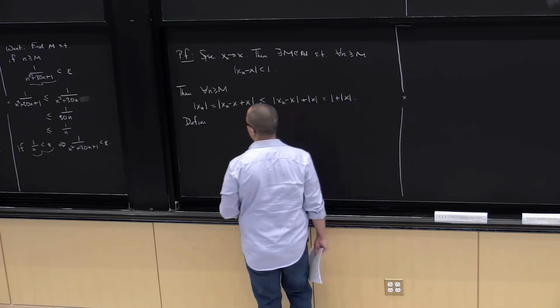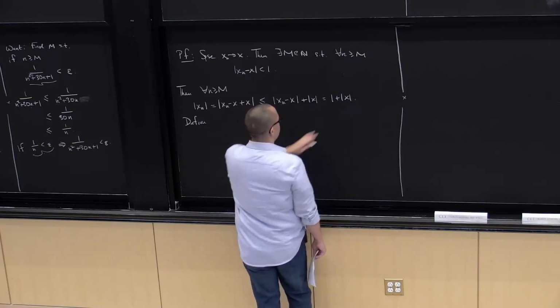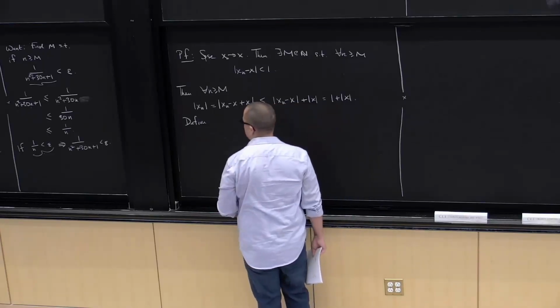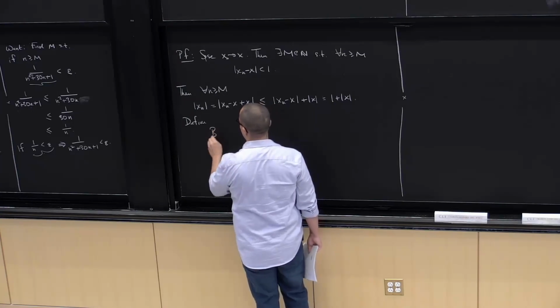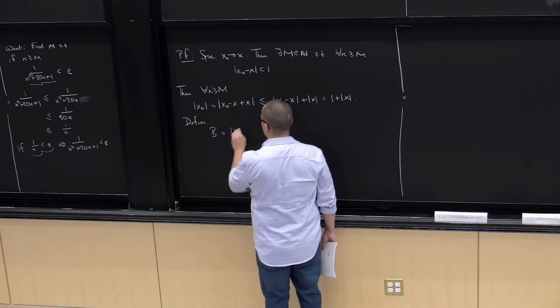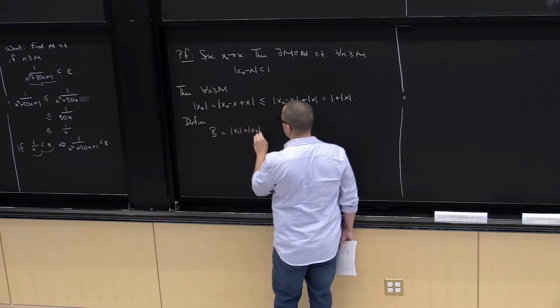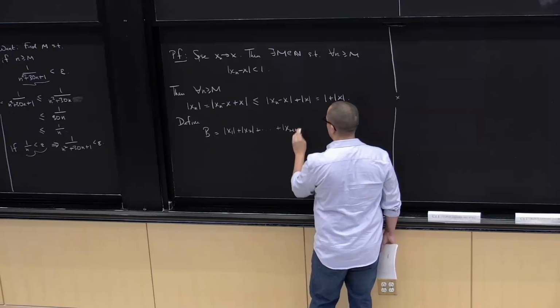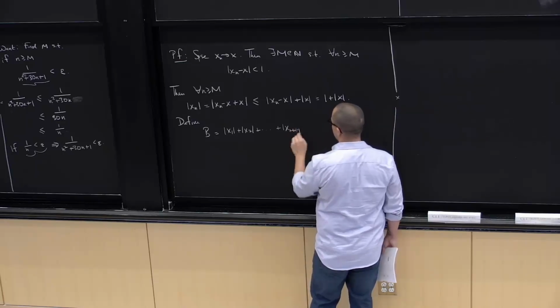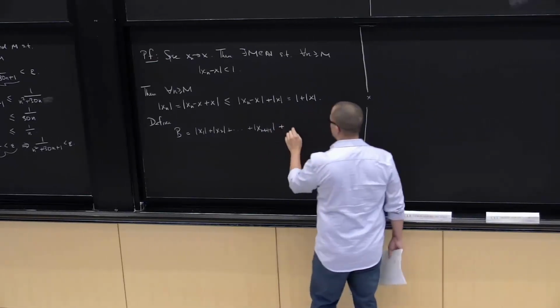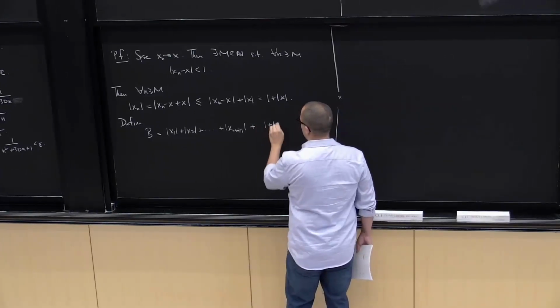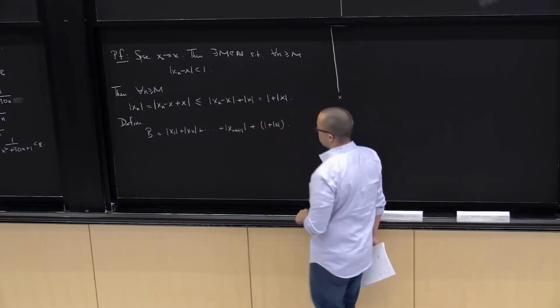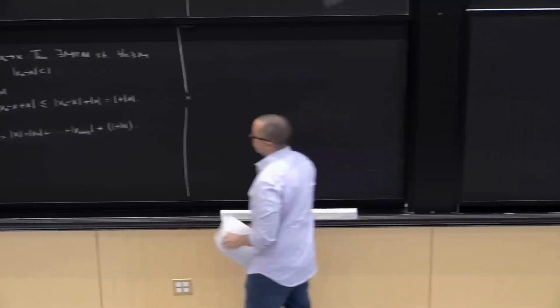We just have to find a number bigger than those guys and this number, and we'll have found a B. So then let's take B to be |x_1| plus |x_2| plus up to |x_{M-1}| plus this.